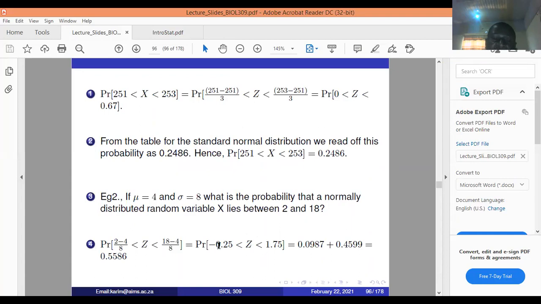All right, so you can see that the probability is 0.0987, and then plus this probability, which is 0.4599. We add these values, and then we get 0.5586. So the probability that the random variable lies between 2 and 18 is 55 or 56%.